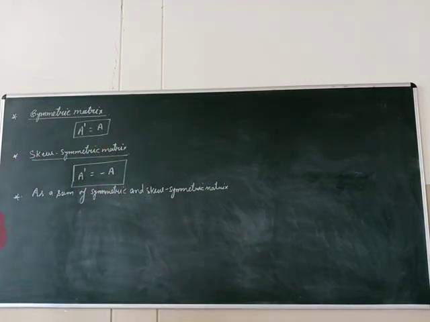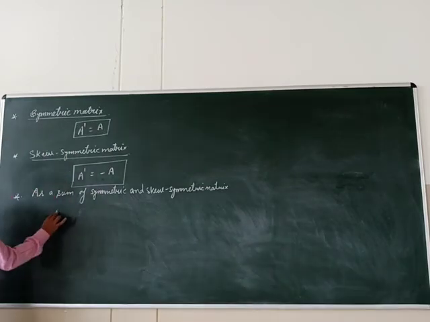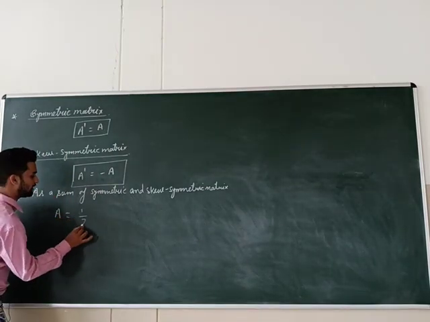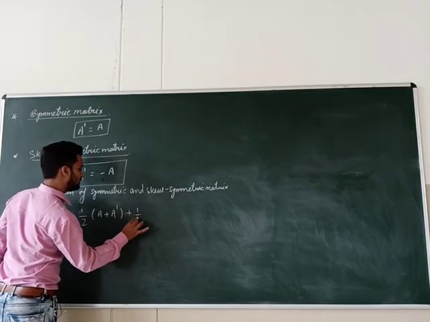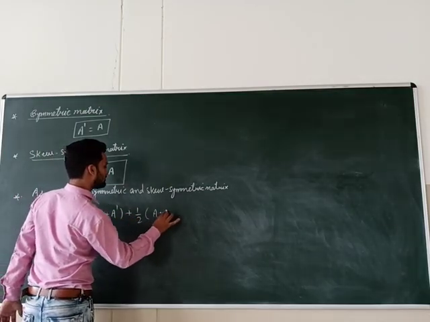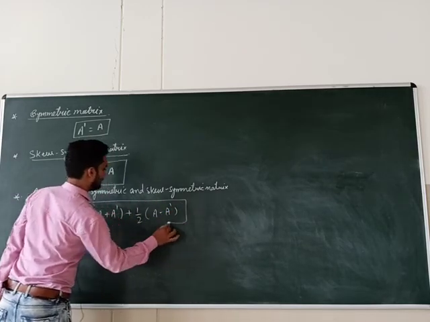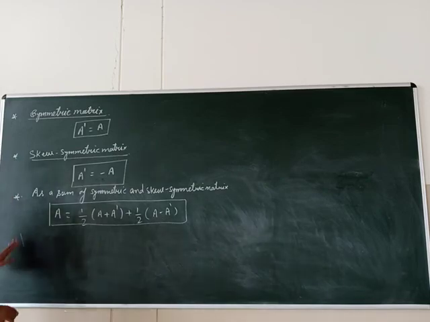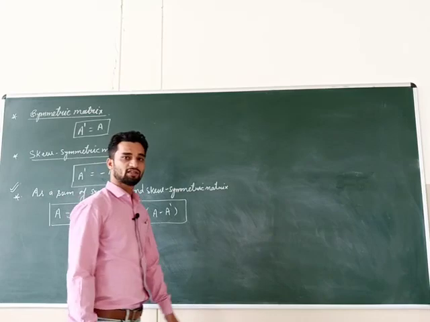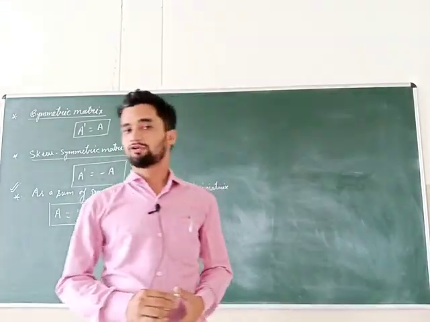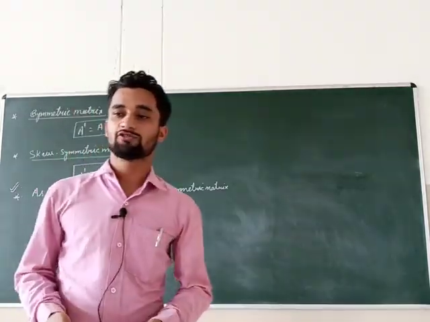For this we have one condition, that a matrix A must be equal to 1 by 2 (A plus A dash) plus 1 by 2 (A minus A dash). And I must say this is very, very important. Now we'll take one example to see whether the matrix is symmetric or skew symmetric.